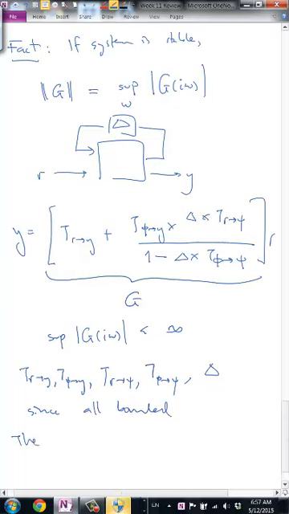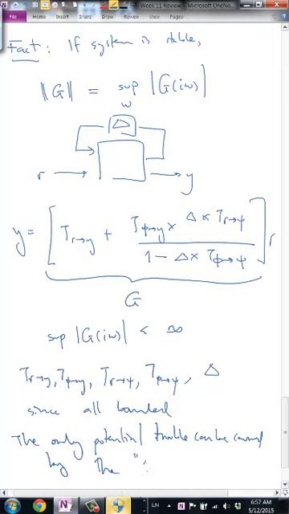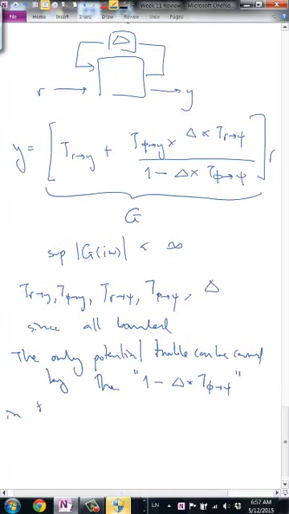the only potential trouble can be caused by the term in the denominator, 1 minus delta times the transfer function from phi to psi in the denominator.